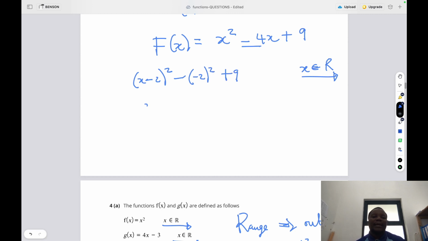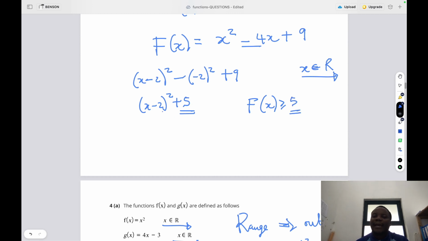Then this gives me x minus 2 squared. This is going to give me negative 4 plus 9, which gives me 5. So this 5 here is actually your range of f of x. It simply means if you were to sketch this graph, f of x was actually going to be greater or equal to 5 in that case.